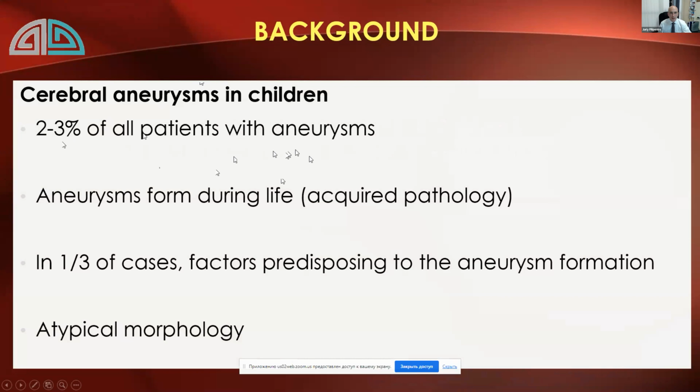And of course, this is a non-congenital pathology. I think this is known information, and in 1/3 of cases, we can establish factors predisposing to aneurysm formation. This is according to our data.